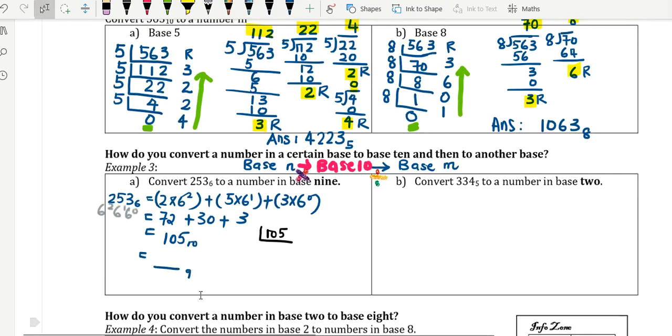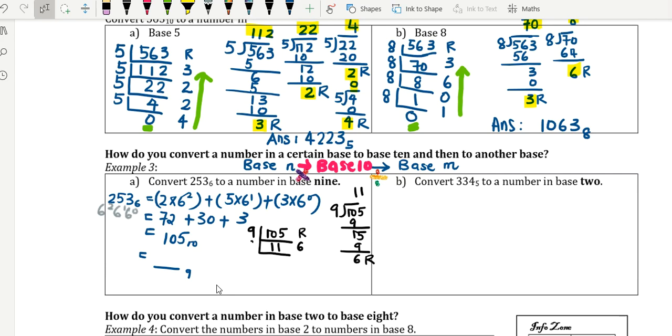You want to convert to base 9, so divide by 9. 105 divided by 9: 9 times 11 is 99, no, 9 times 12... the quotient is 11 and the remainder is 6. 11, write it down. And remainder 6, write it here.